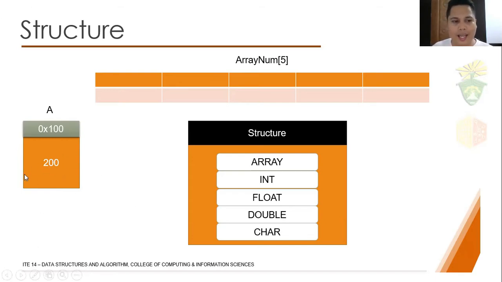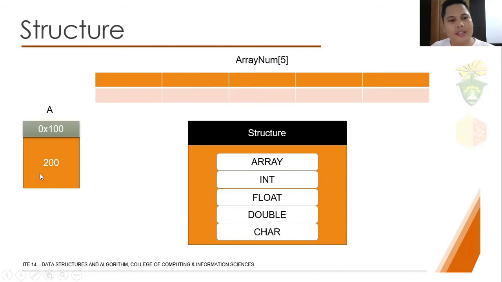If we want to change the 200 to another value, which is 400, then for sure the 200 will be omitted, meaning it will be replaced with the new value, which is 400. So that is the limitation.